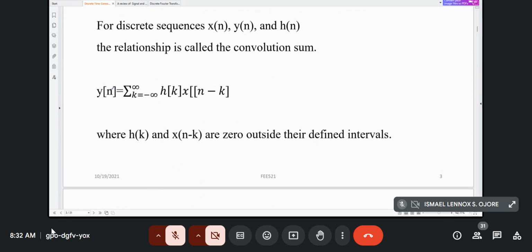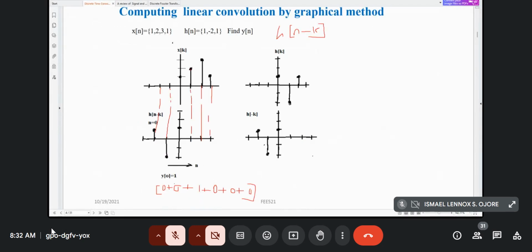So y of n, when n is equal to 1, works out to 1. Then we slide this to the right, so that now n is equal to 1. So you're going to get h of 1 minus k.